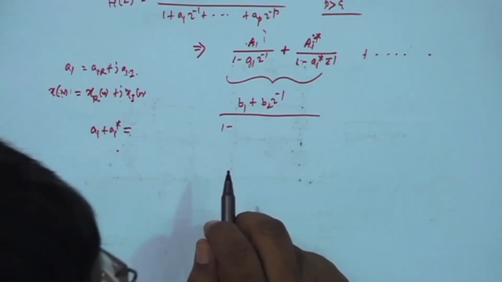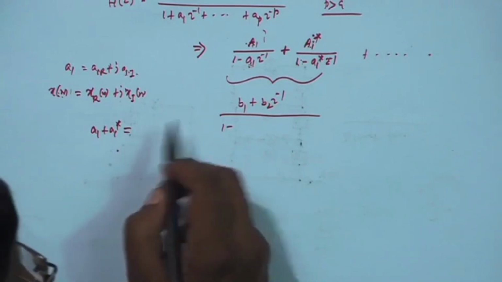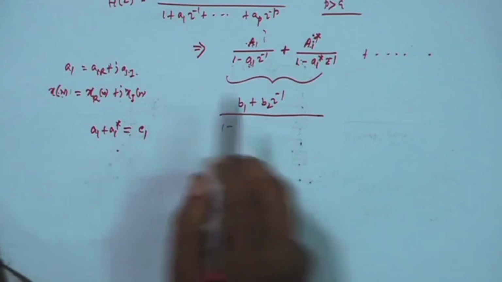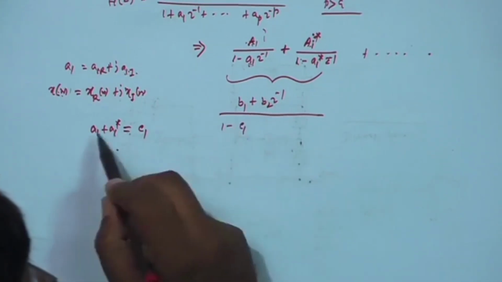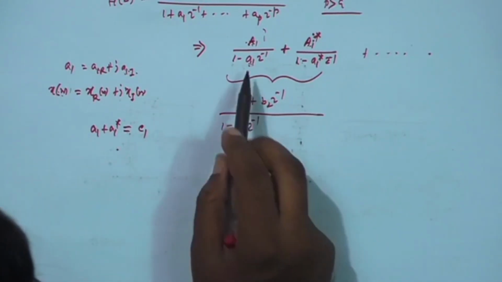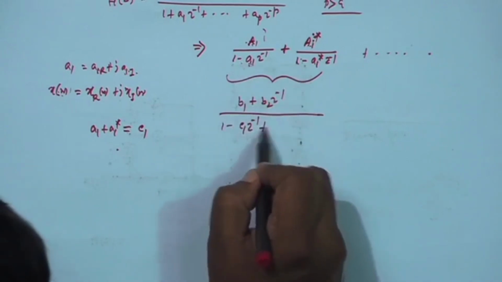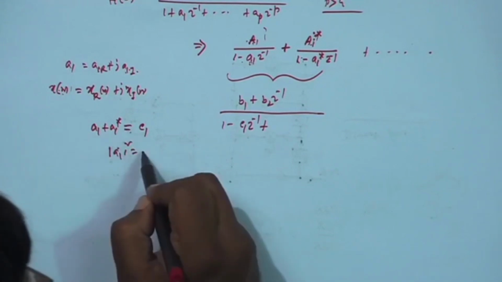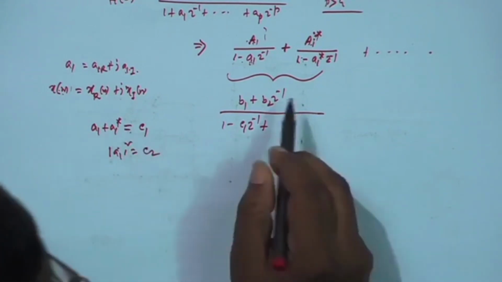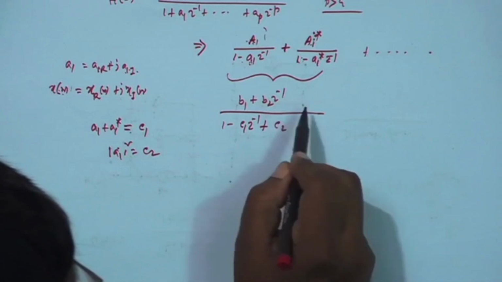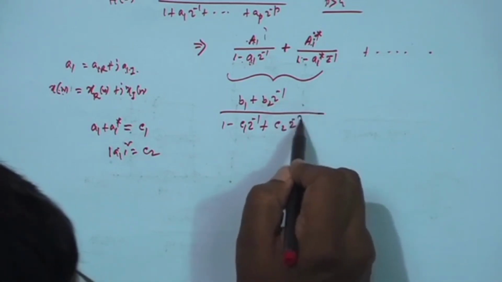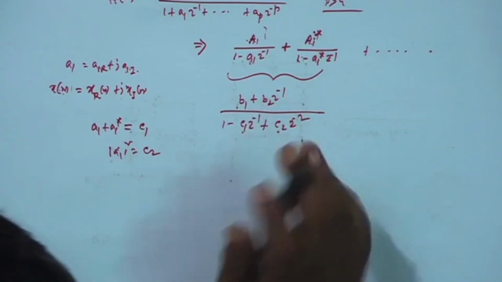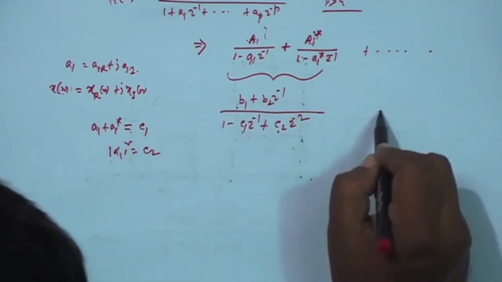To give some name to it, say C1, and C1 is real, Z inverse, and plus mod a1 squared, this is again real, call it C2, times Z inverse squared. So, this is real, this is real, this is real, this is real, that you have seen. So, you require only real multipliers.